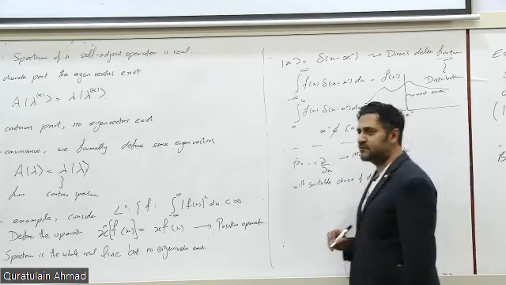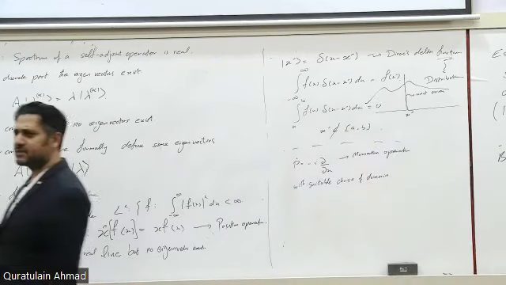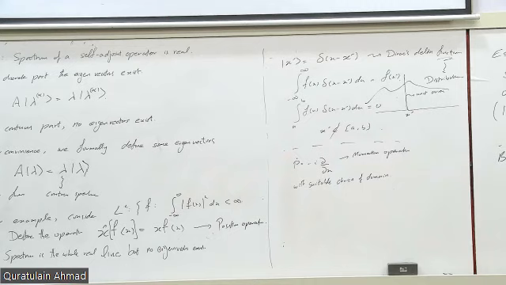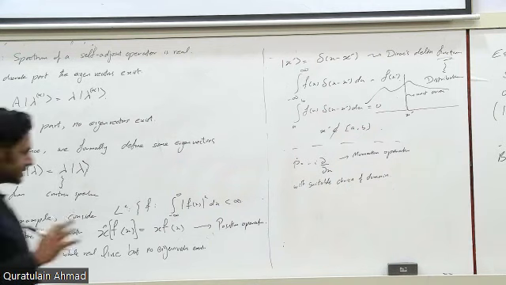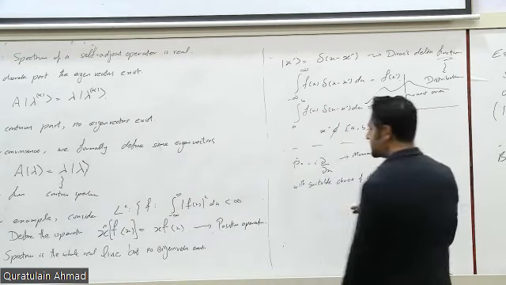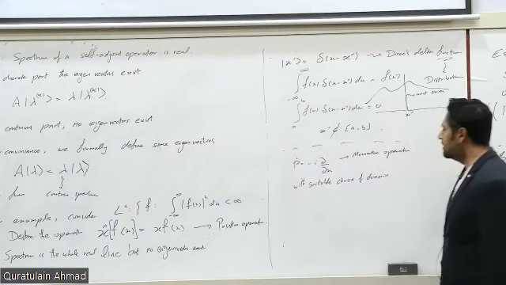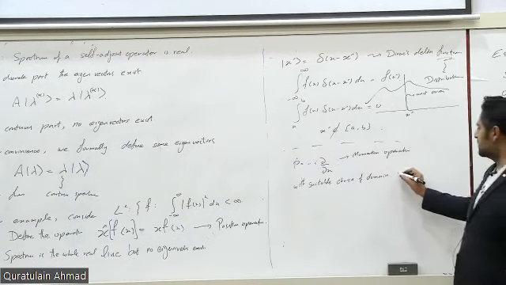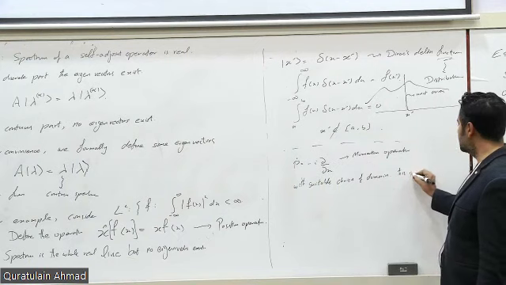That's the difference between bounded and unbounded operators. Bounded operators are self-adjoint on the whole Hilbert space. For unbounded operators, you can't make them self-adjoint on the whole Hilbert space. You have to restrict the space, and you want it to be densely defined so that you can do whatever you want. It becomes self-adjoint on that restricted domain. So with a suitable choice of domain, this is self-adjoint.